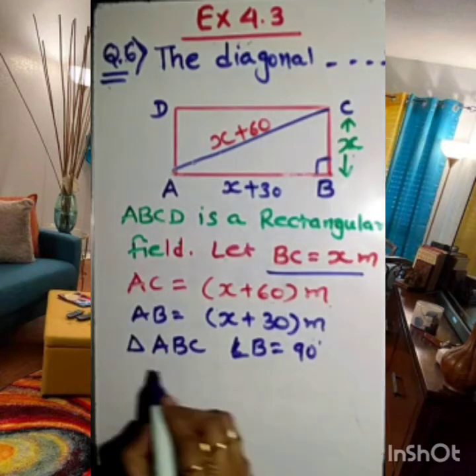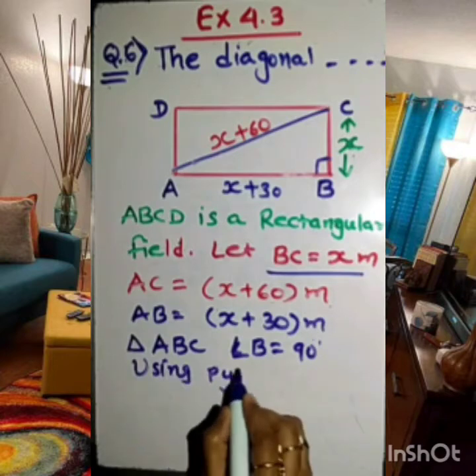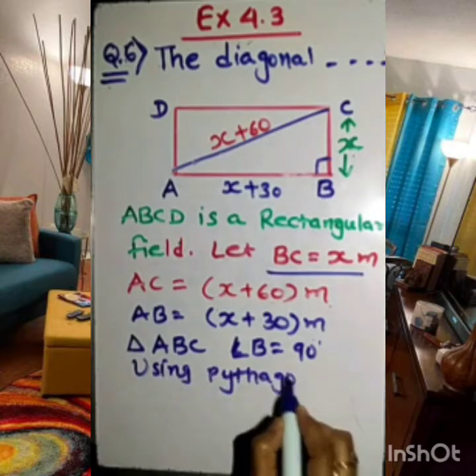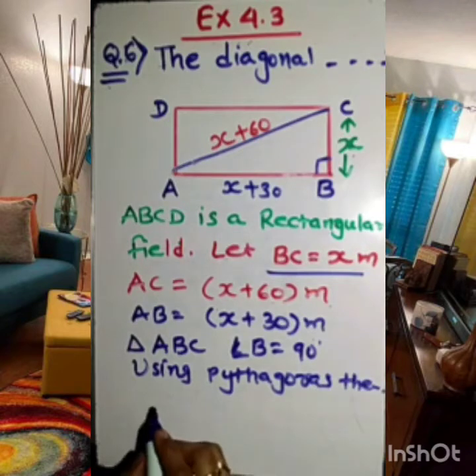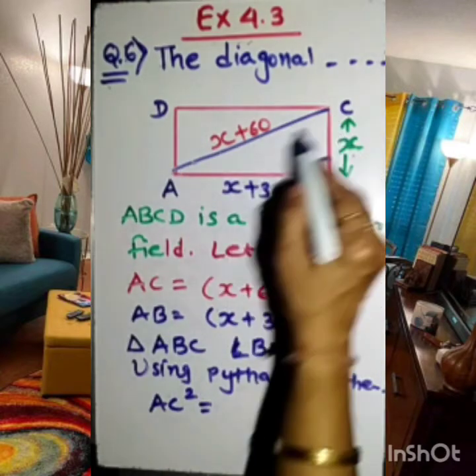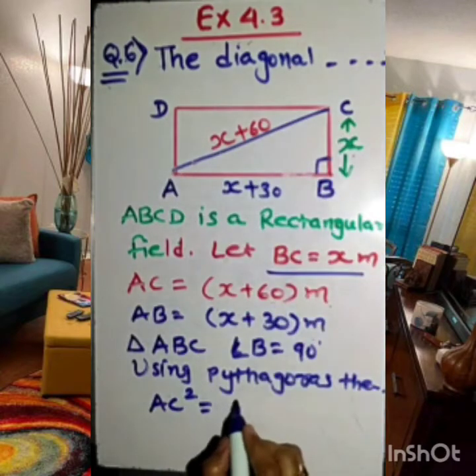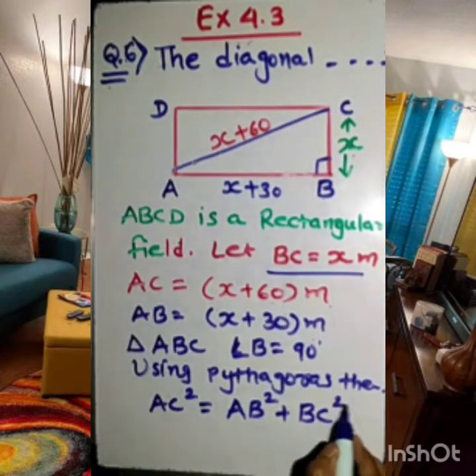So using Pythagoras theorem, what do I have here? Just see, AC square equal to, this is the hypotenuse, hypotenuse square will be AB square plus BC square.